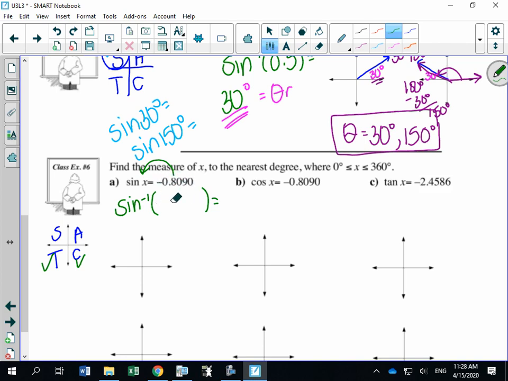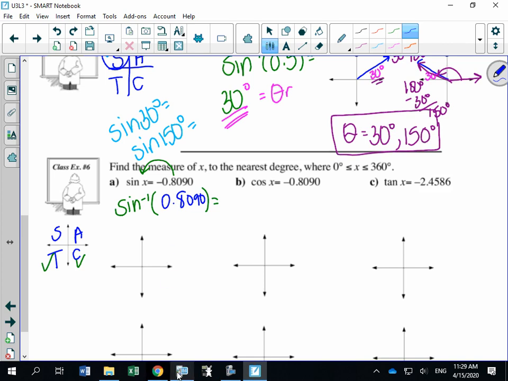So whenever we're finding an angle, we will never write the negative. So instead of negative 0.8090, you always write just the positive value, 0.8090. Like when I find this angle with the second function cos, I'm going to omit that negative. And same with tan. You always type in the positive value when you're finding the reference angle.